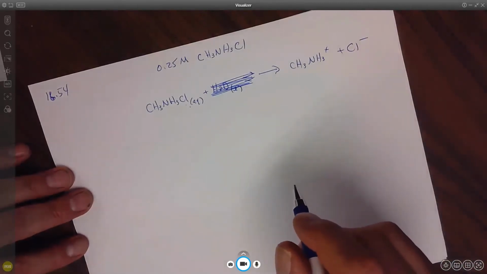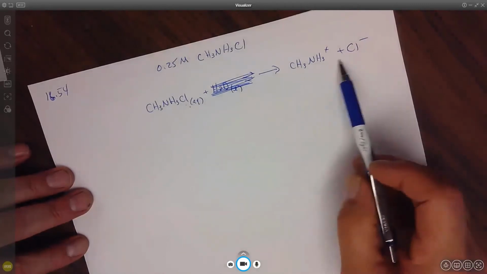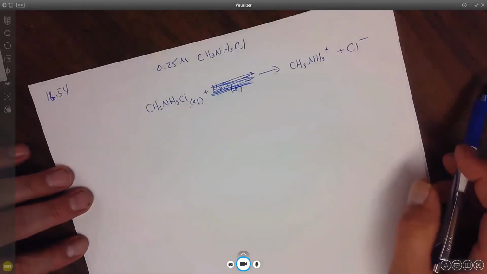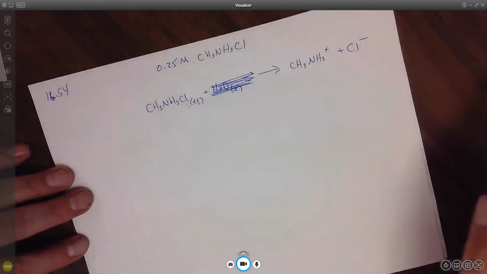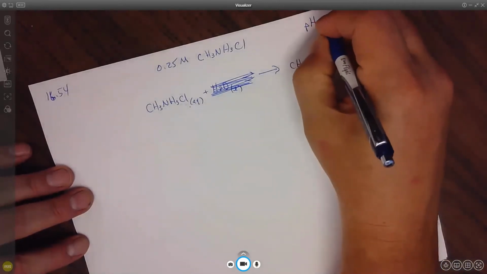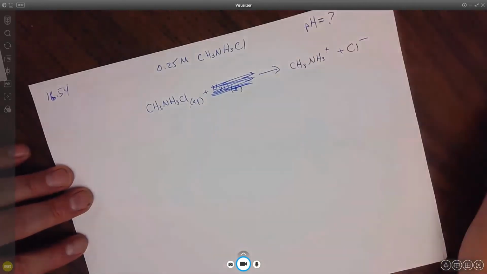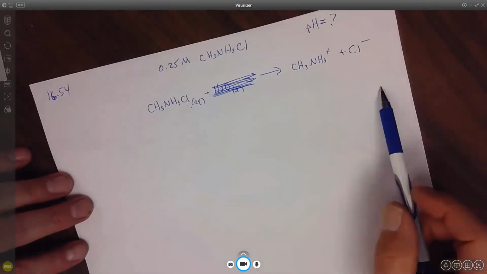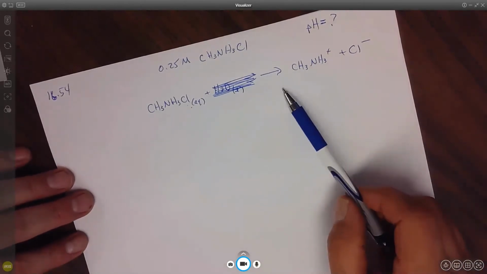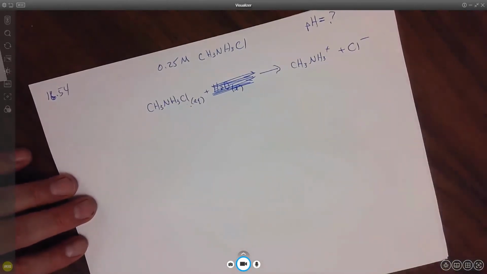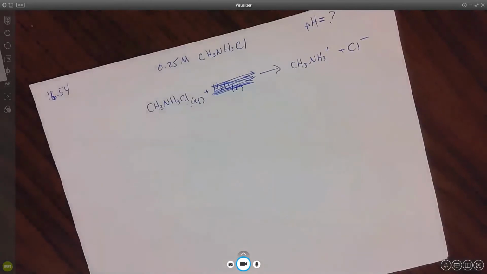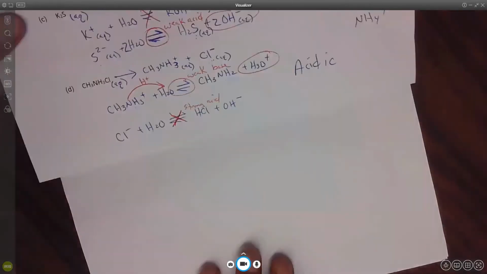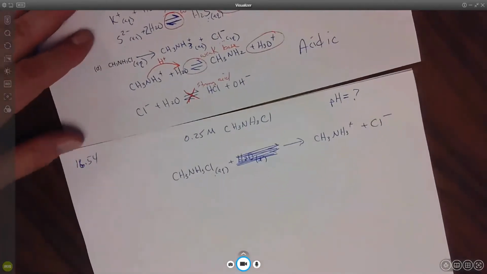So can I ignore either one of these ions? Remember, we're looking for the pH of this solution. So that means we're looking for hydrolysis. Will either one of these ions not hydrolyze? So again, that's what we just did. That was the last problem.